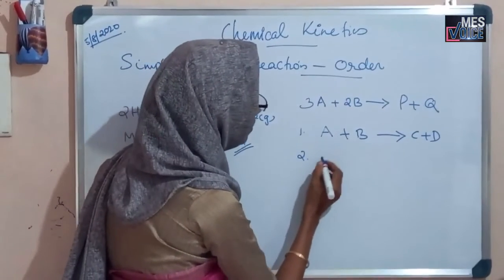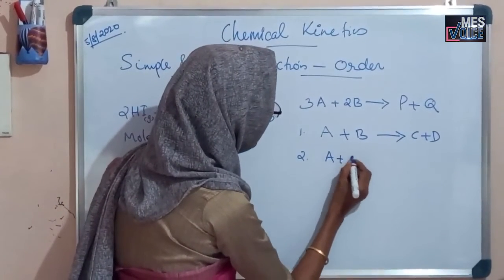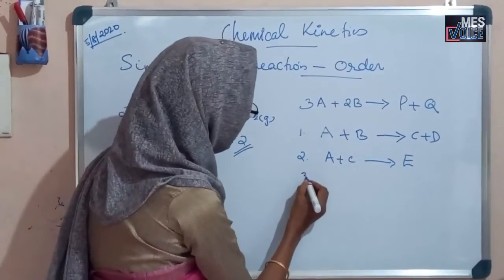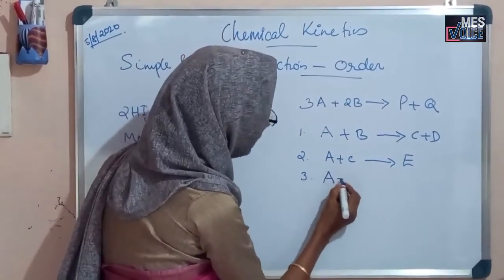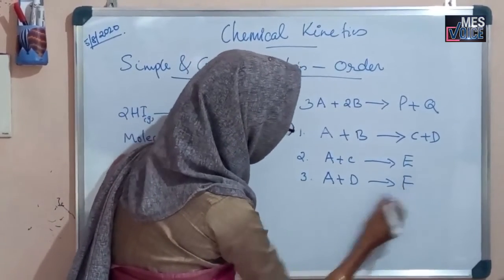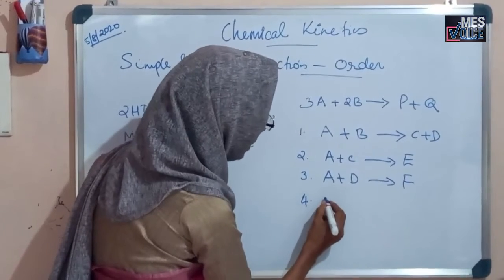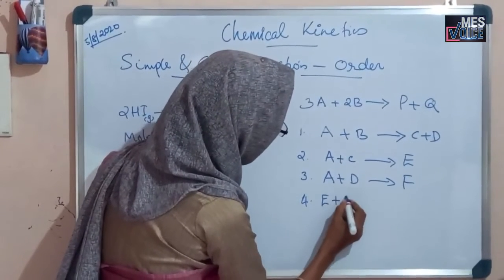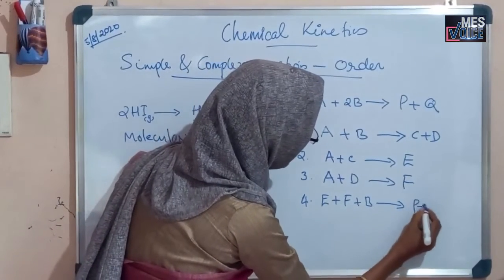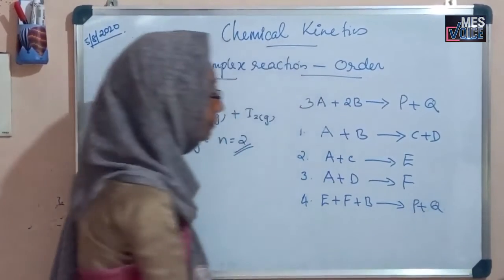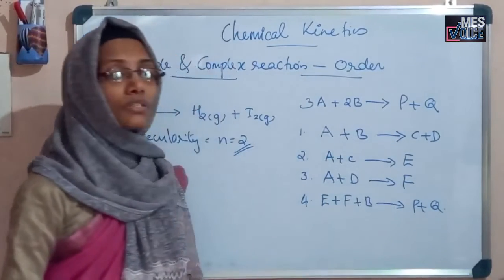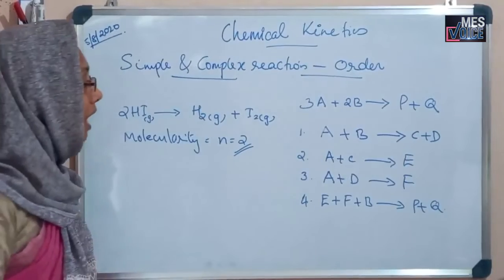In the next step, A plus C react to form another intermediate, E. And then A reacts with D to give F. And in the last step, E and F react with B to give products P and Q. Here, each step is known as an elementary step.